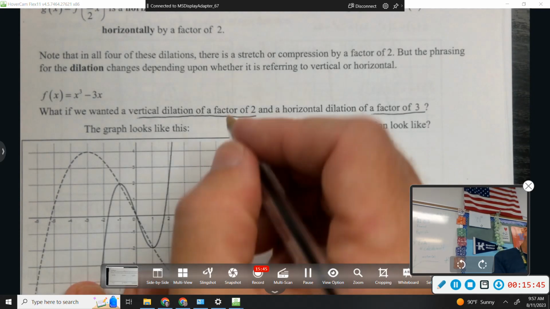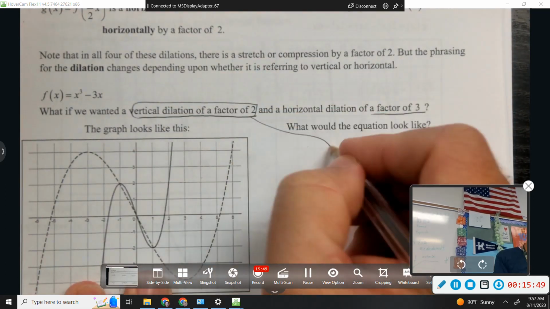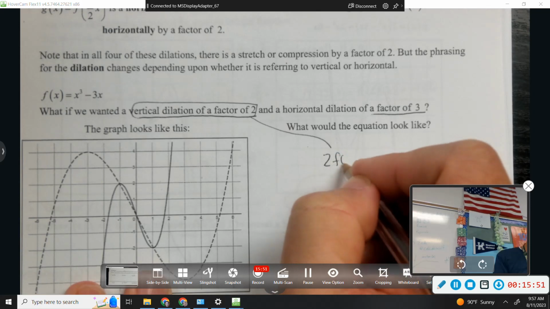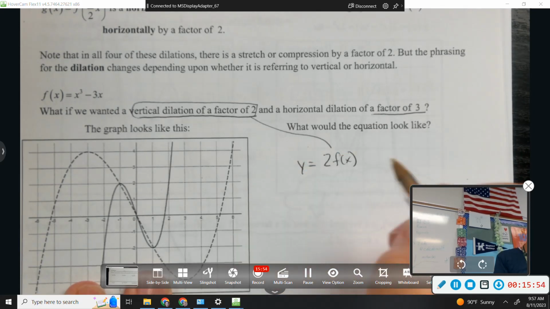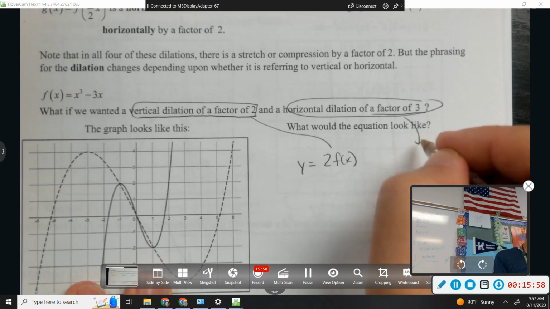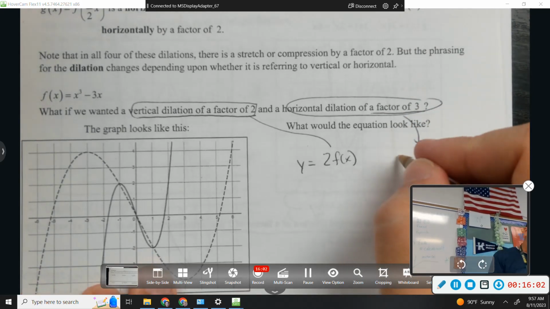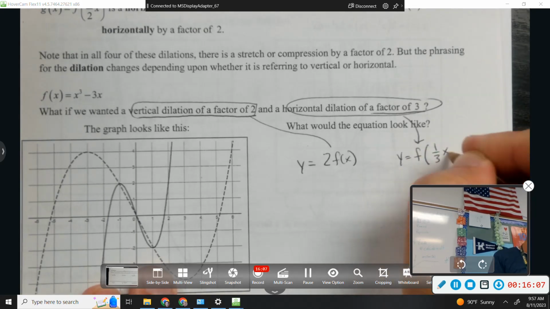Let's see. Vertical by a factor of 2, that would be a 2 out front. Horizontal dilation by a factor of 3, so we want it to grow by a factor of 3. That would be a 1/3 on the inside. Like that.